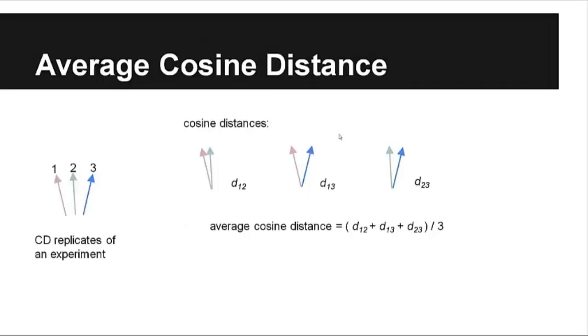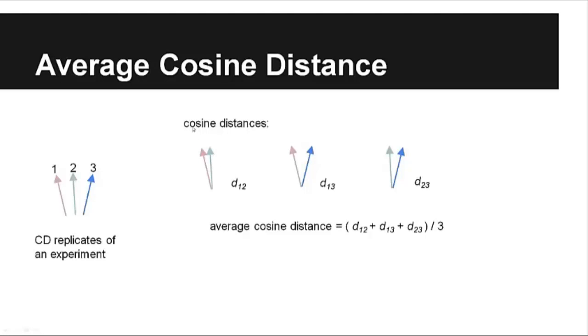Now I will introduce the concept of average cosine distance. These 3 directions are the characteristic direction replicates of one experiment. This is the direction calculated from plate 1, this is the CD calculated from plate 2, and this is the CD calculated from plate 3. Remember, we use the cosine distance to measure how much two directions are aligned together.